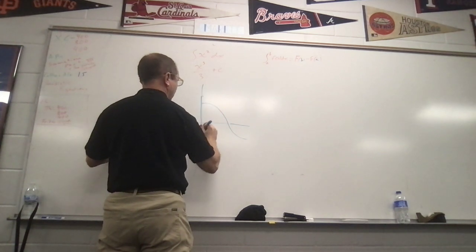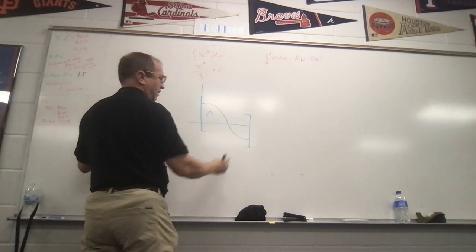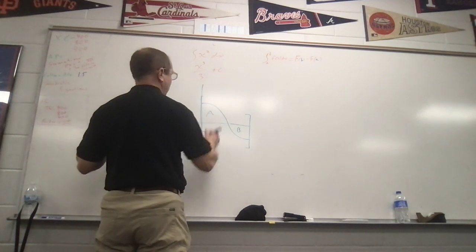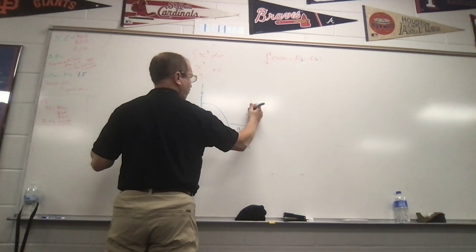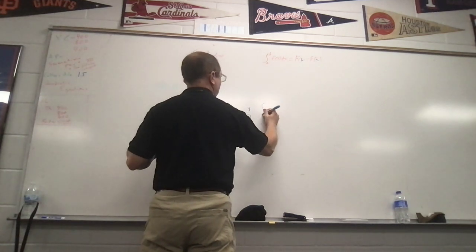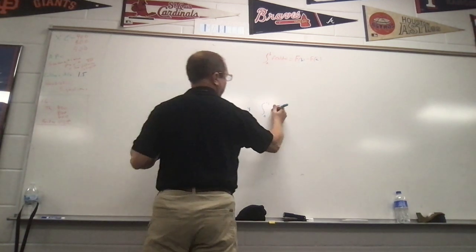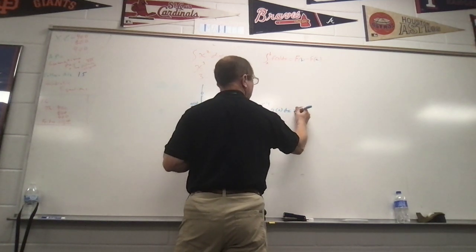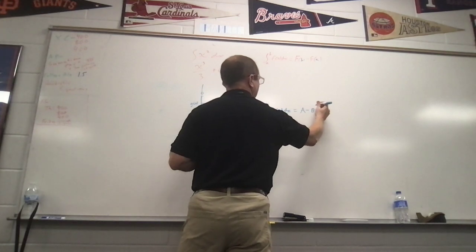If we go from here to here, and let's say that this has an area of A and this has an area of B, and we're going from, let's say, 0 to 4, I don't know why I'm doing that, but the integral from 0 to 4, and let's just call this function g of x, would equal the area of A minus the area of B.